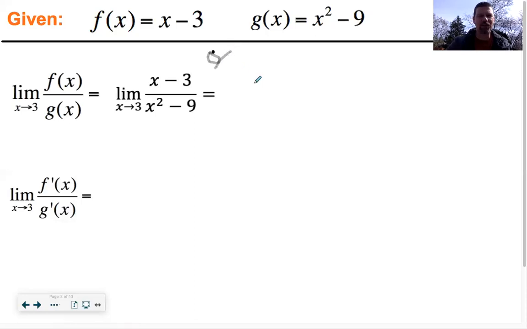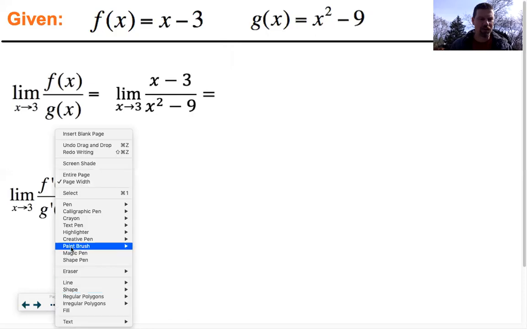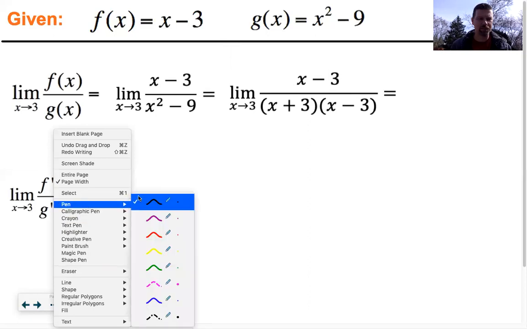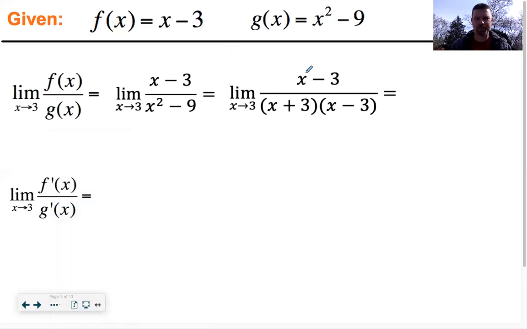Since it's 0 over 0, I can't really find it by substitution, but we already know how to solve something like this. We can use algebra. That x squared minus 9 can be factored. So if I factor that, it would end up being this. And that x minus 3 and that x minus 3 would cancel out, right?